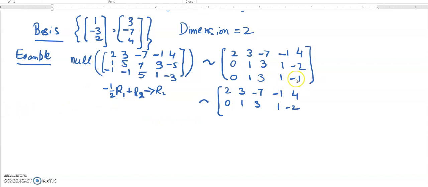Yeah, in fact this will be minus 2 over here. So the second and the third row will be exactly the same. So therefore the last row will be 0 0 0.